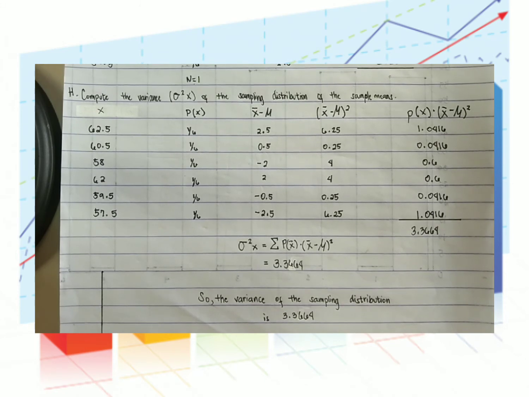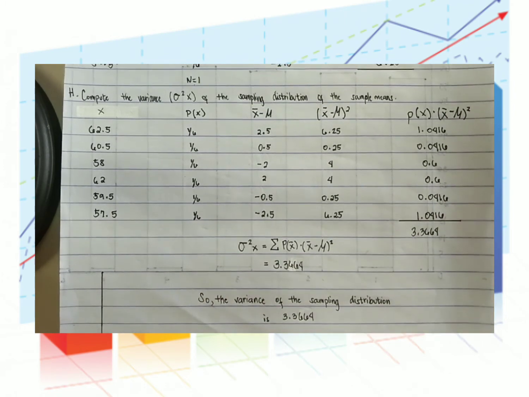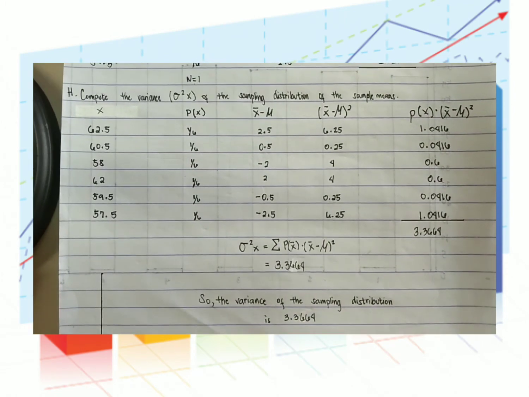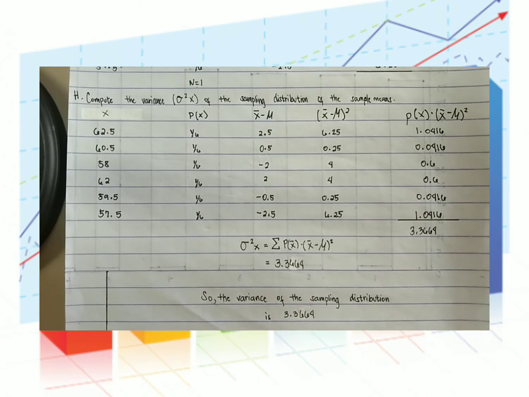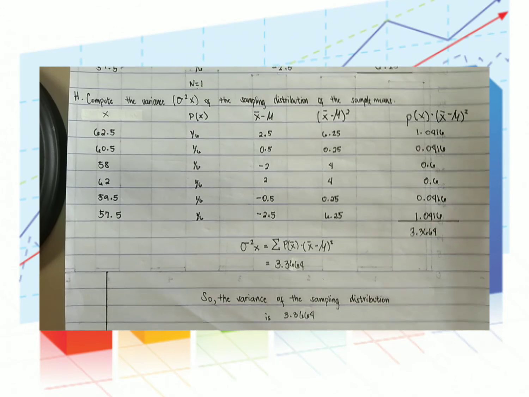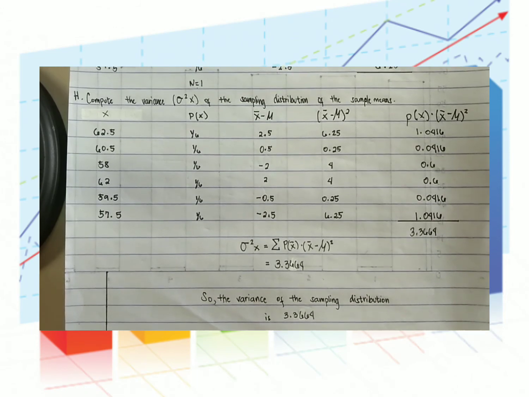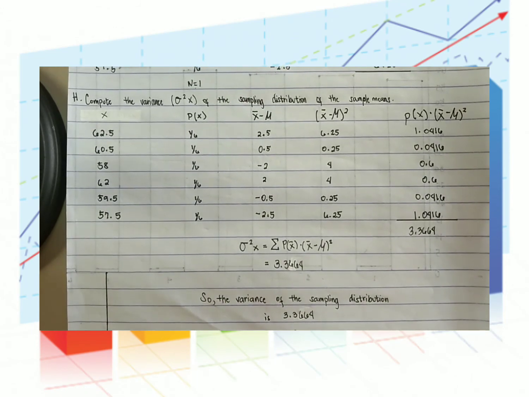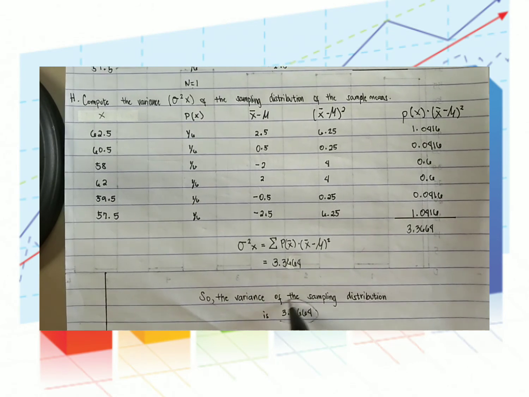And lastly, I added all the results in the last column and came up with the result 3.3664. Therefore, I conclude that the variance of the sampling distribution is 3.3664.